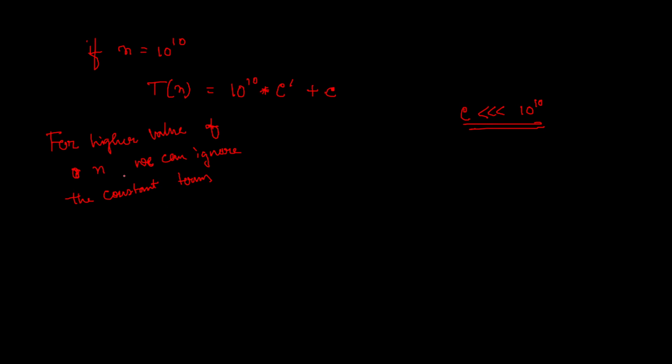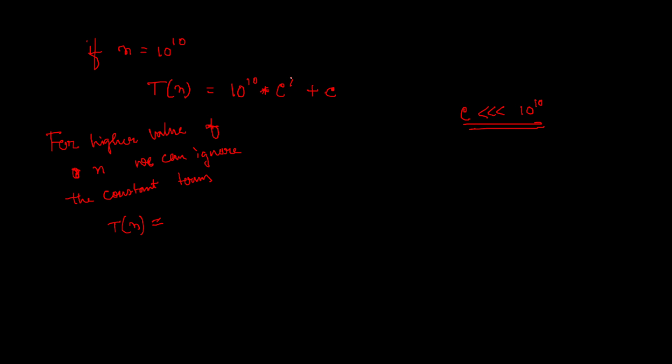Ignoring the constant terms means we can ignore this C. Fine. So now I can say that T of n will be almost 10 to the power 10 times C dash.